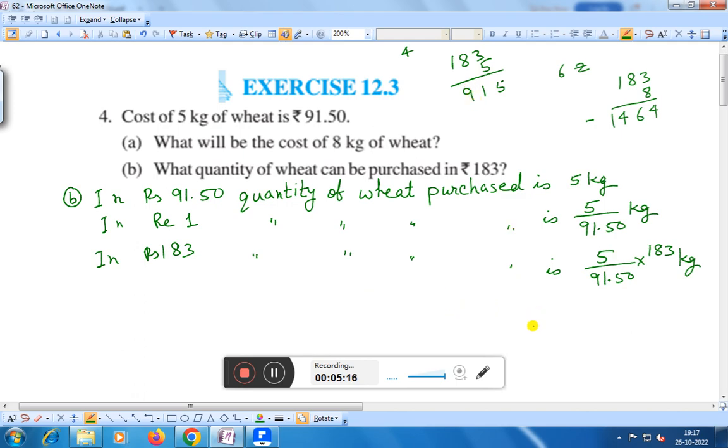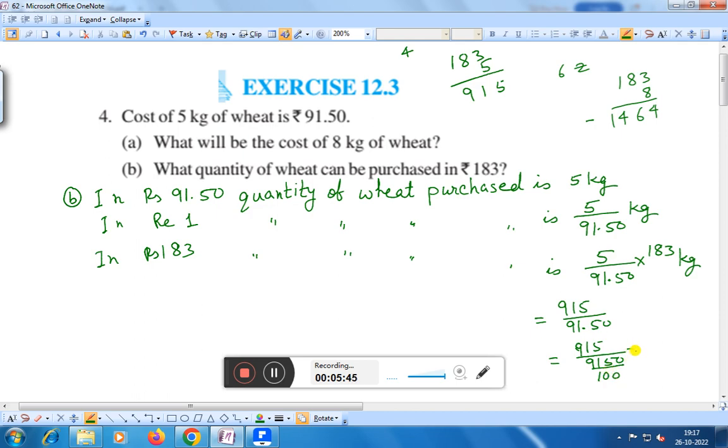That is, we are getting 915 by 91.50. That means if we change into fraction, we are getting 915 by 9150 by 100, right?